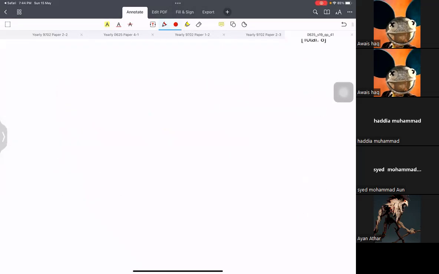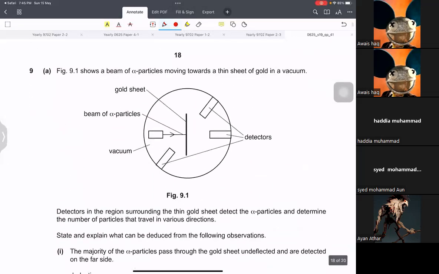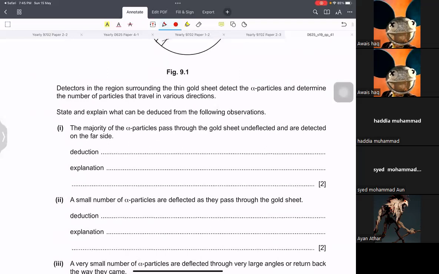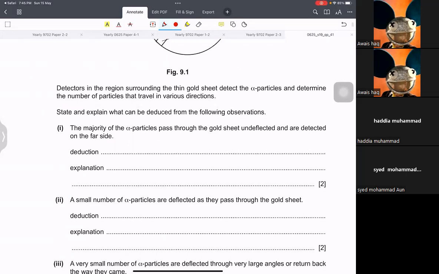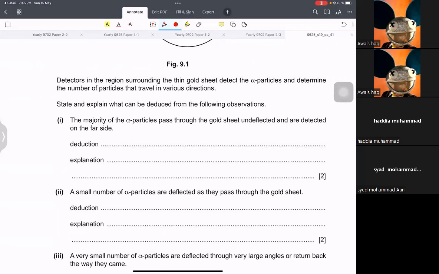Okay, now going to this question. There is a gold sheet, alpha particles, vacuum, a couple of detectors. The majority pass through the gold sheet undeflected and undetected on the far side. Deduction: so write that most of an atom consists of free space.